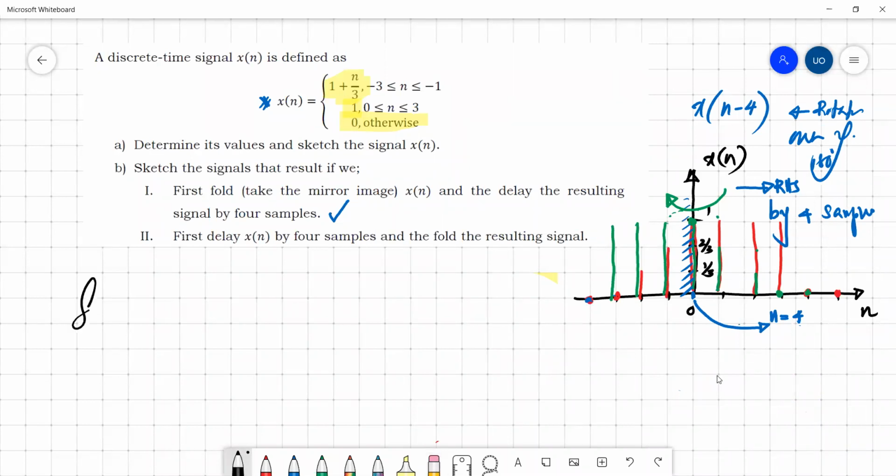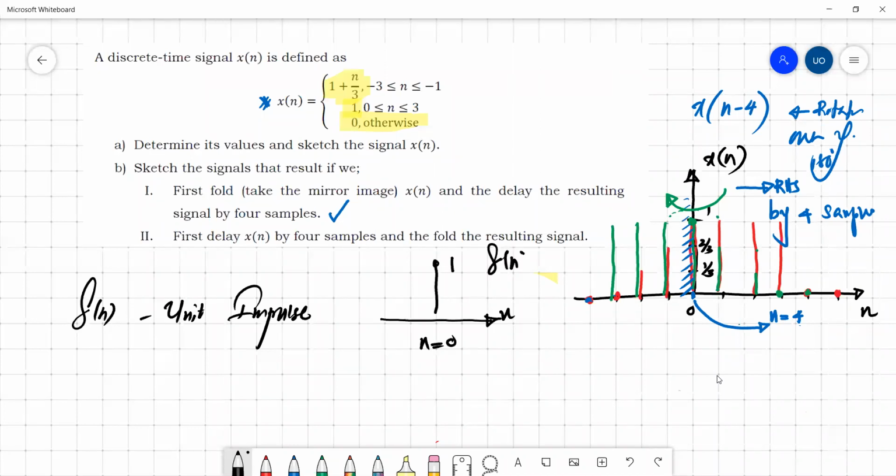So delta n is the unit impulse. If you draw it, it's something like that. So this is at n equals 0, the magnitude is 1, so this is delta n.